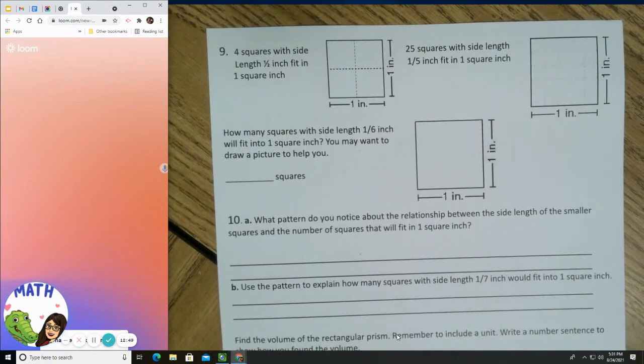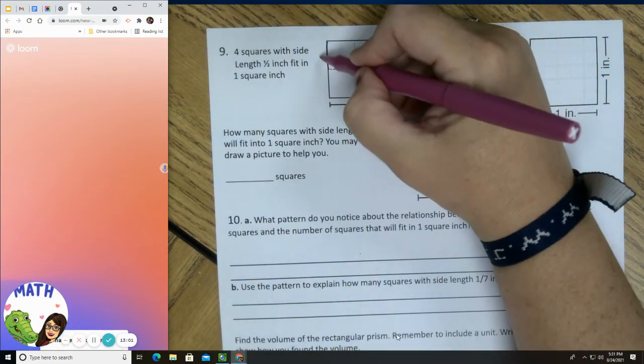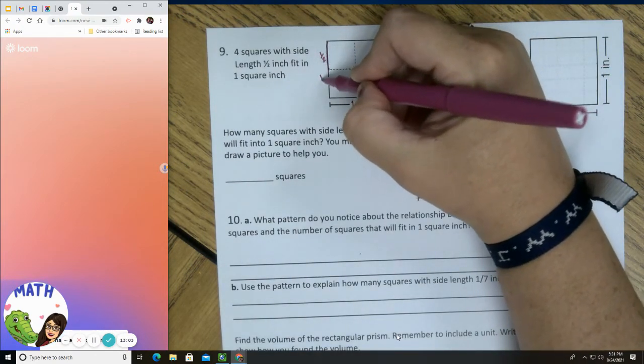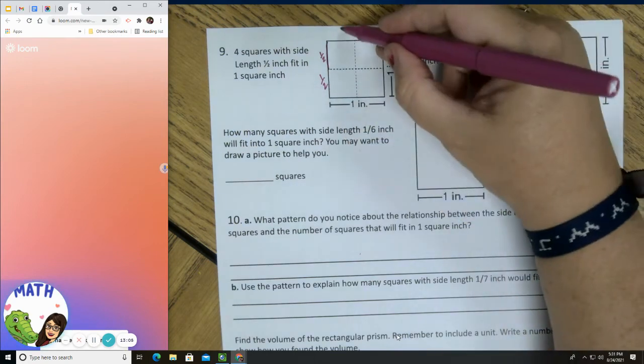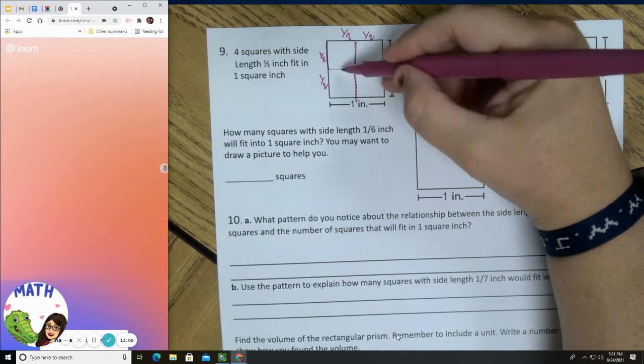Number 9. Four square inches would a side length of 1/2 fit in 1 square. This is 1/2. This is 1/2. 1/2, 1/2. Remember, I cut it into pieces.